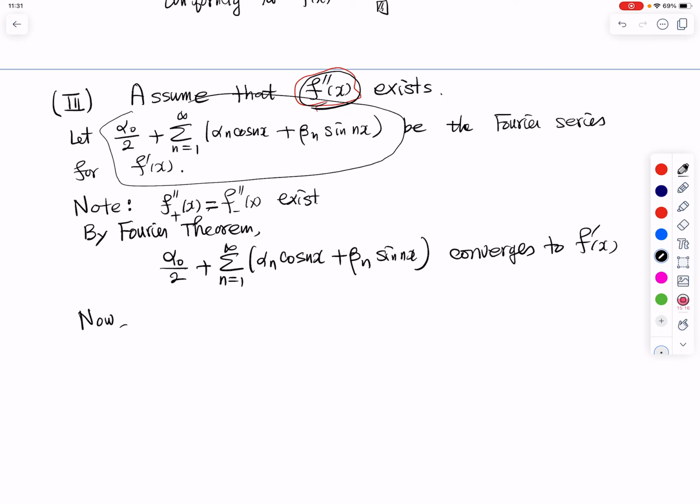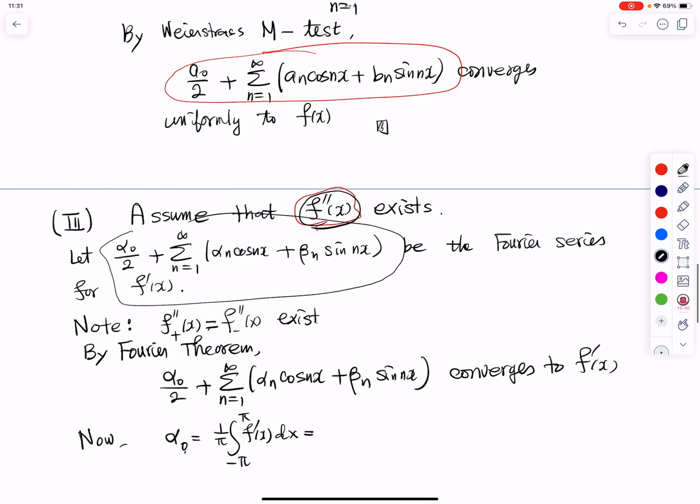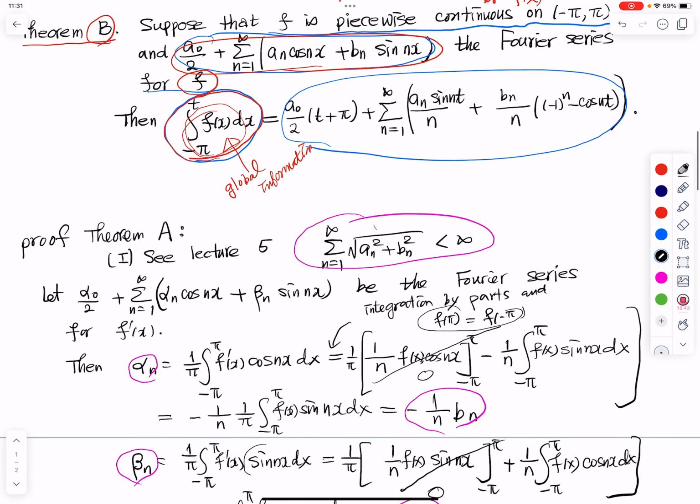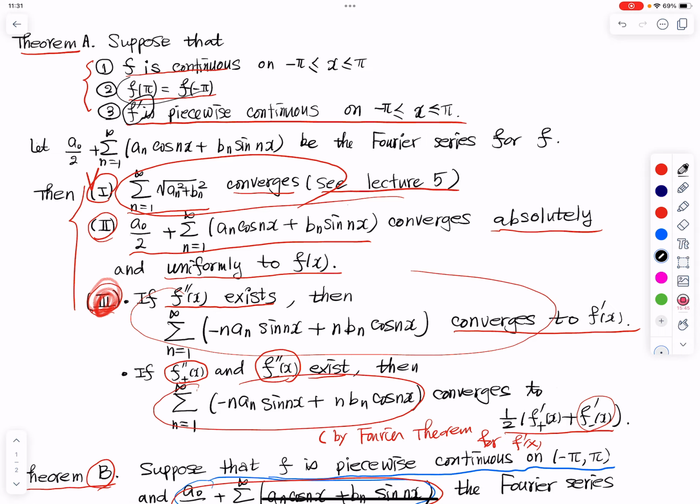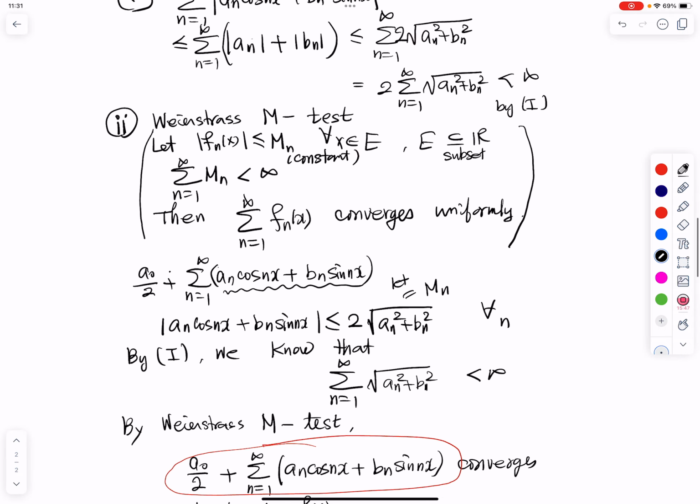what is alpha n? What was alpha 0? So let's compute alpha 0. Alpha 0 is 1 over pi times the integral from minus pi to pi of f double prime of x. And then we know that f of pi equals f of minus pi, condition 2.